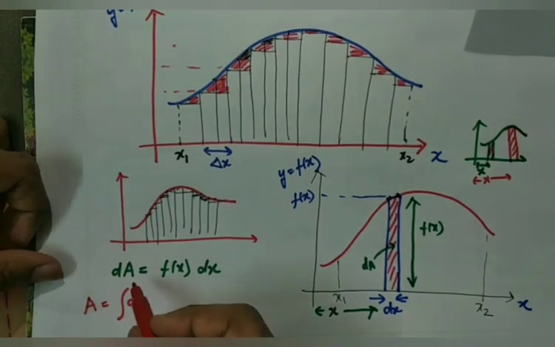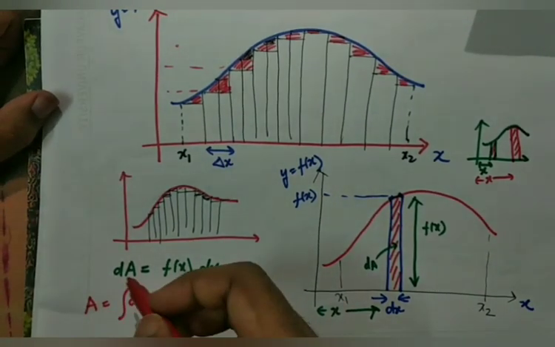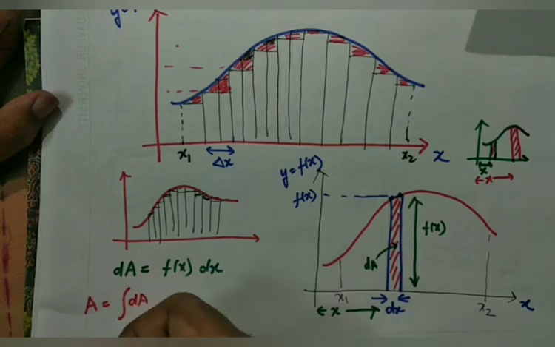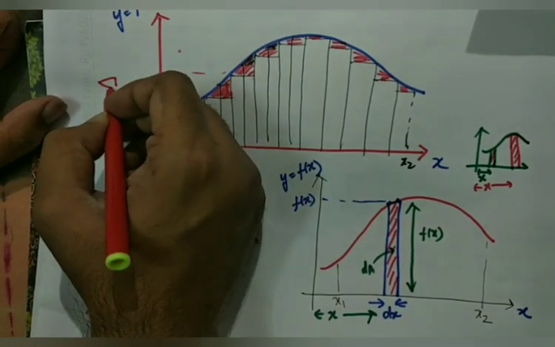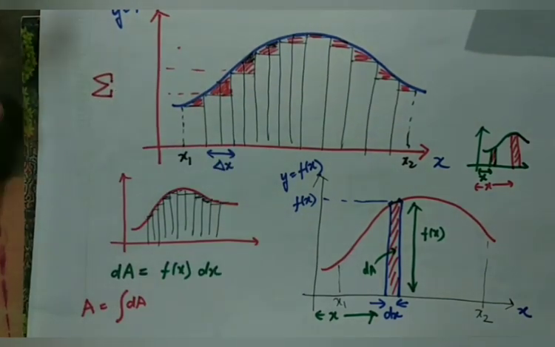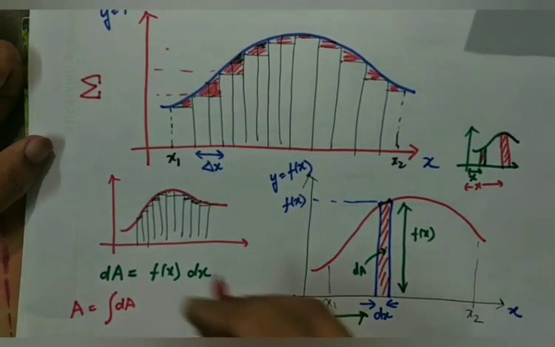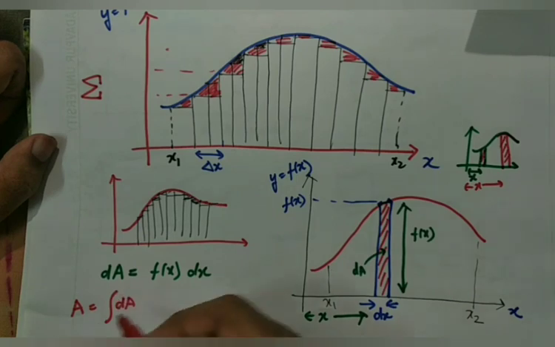What is integration? Integration is nothing but the sum, the addition. In the discrete domain we add sums like this, but in the case of integration we use this symbol.